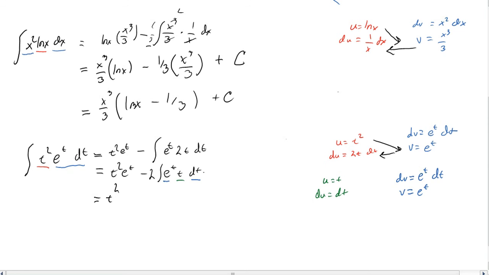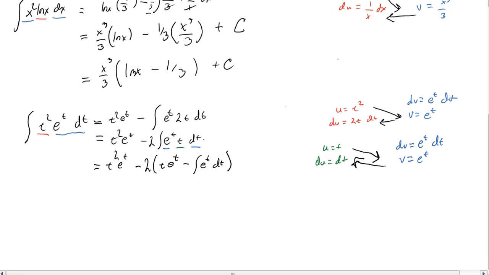And so we continue our process of the integration. We get t squared e to the t minus 2 times parentheses, because it's the integration by parts of everything on the inside. So we have u times v, which is t times e to the t, minus the integral of v du, so e to the t dt.